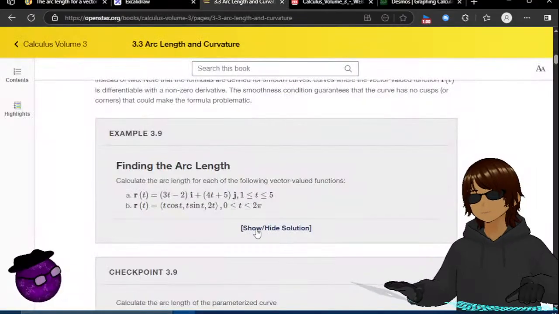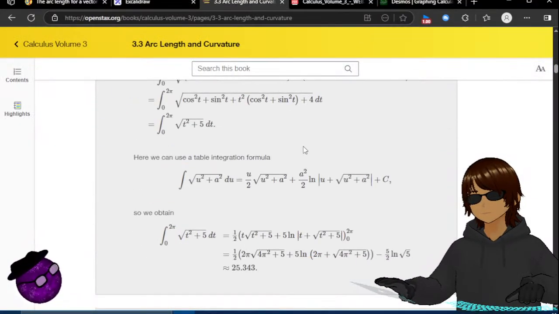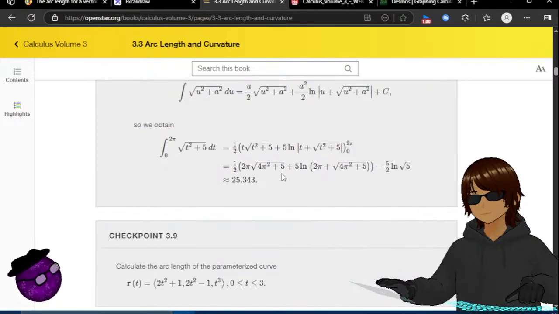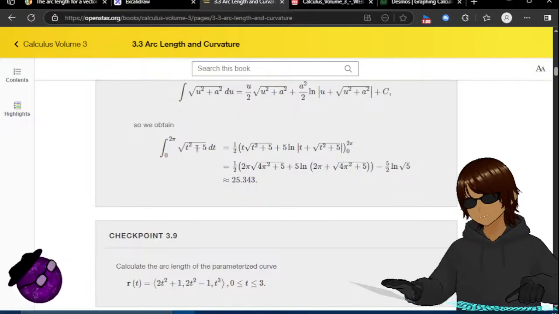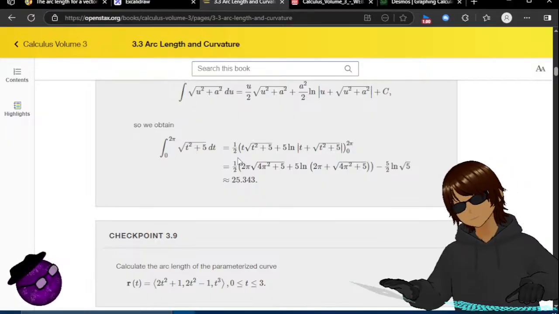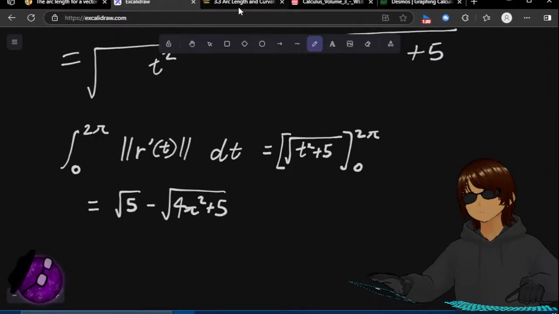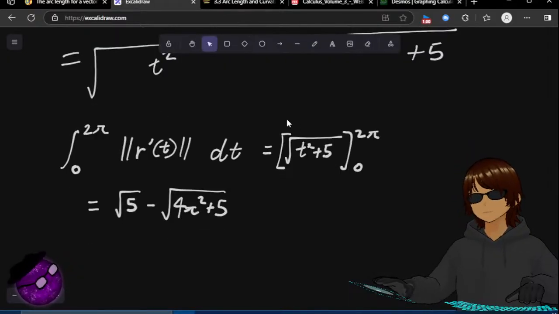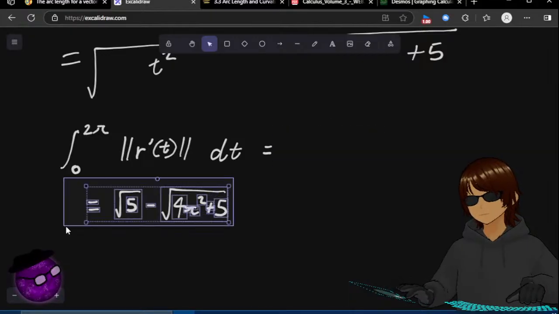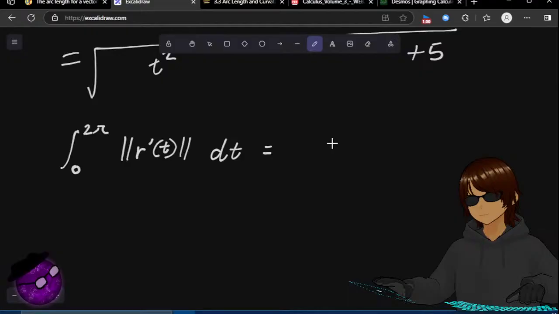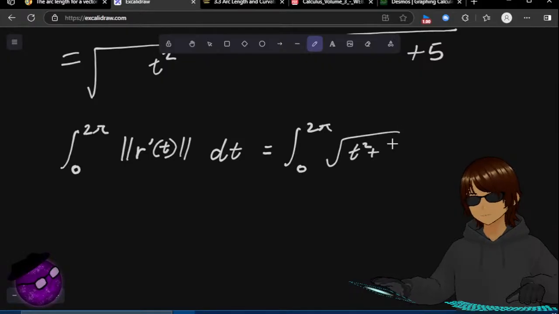Is this correct? Okay, so this part is correct. And then, hold on. No, I've done this wrong. Square root of t squared plus 5 dt.